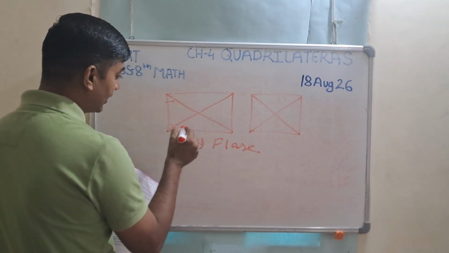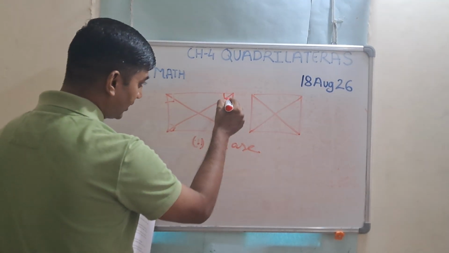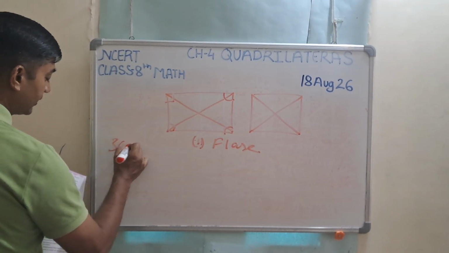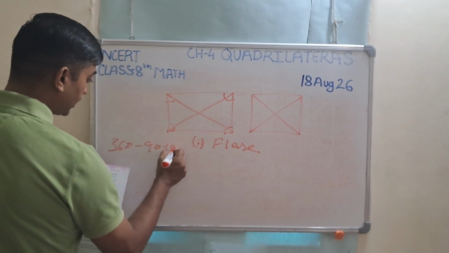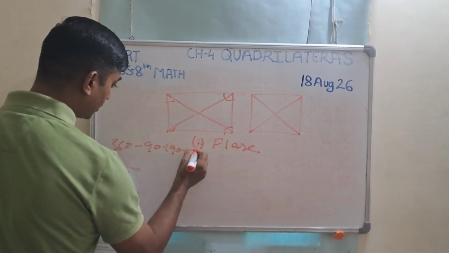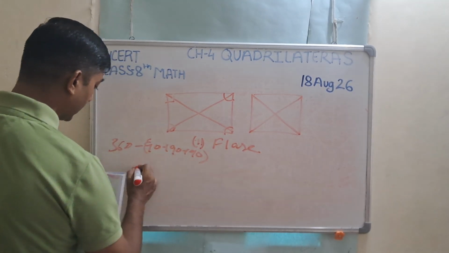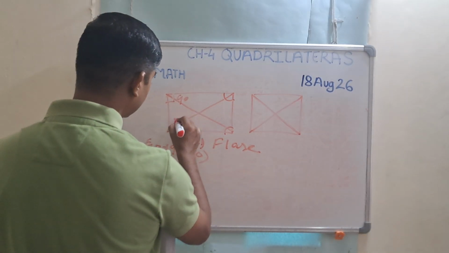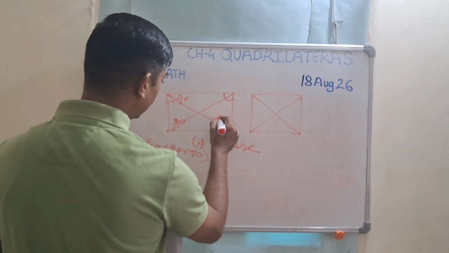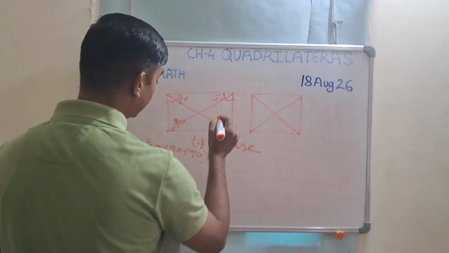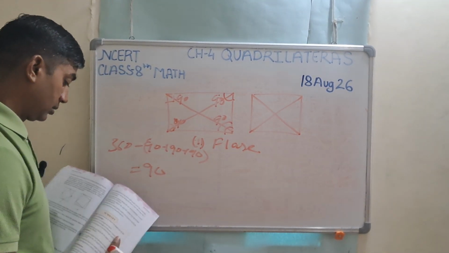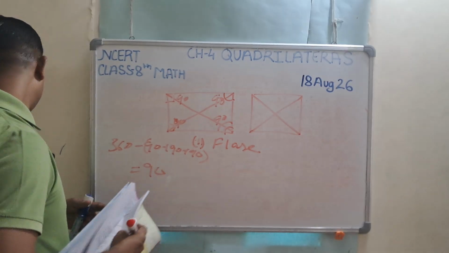Means when three angles are 90 degrees, then the other angle is what? 360 minus 90 plus 90 plus 90, and your result will come as 90. So the other angle is also 90. So the fourth angle is also 90 degrees, and you are saying that this is the quadrilateral.